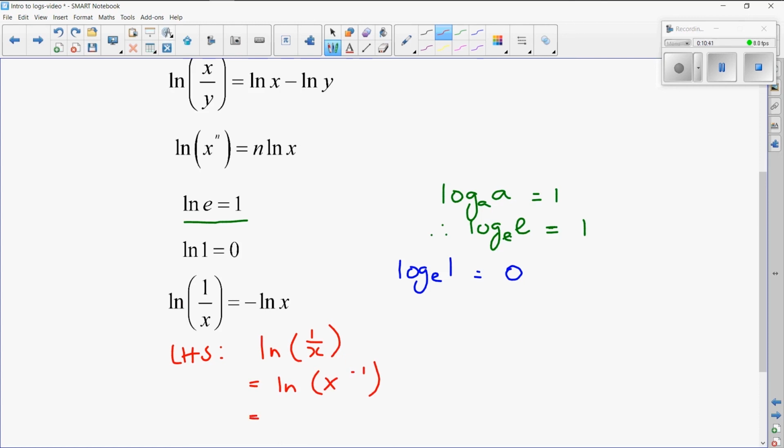And if you apply the power rule, which says that the ln of x to the n equals n ln x, I take my negative 1, and using the power rule, it now becomes a coefficient. So it's going to be minus 1 ln x.